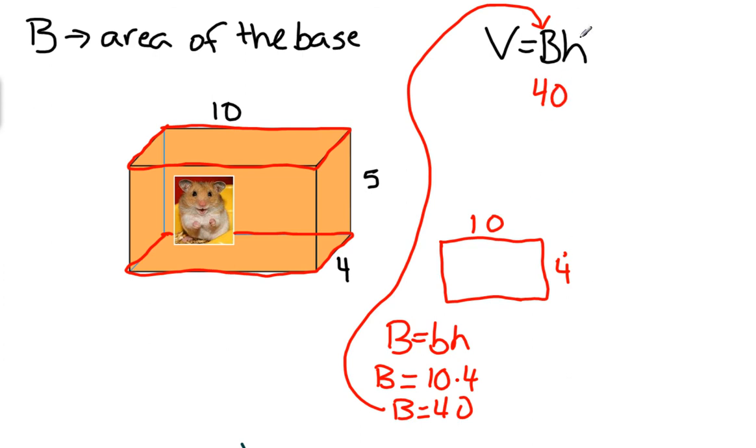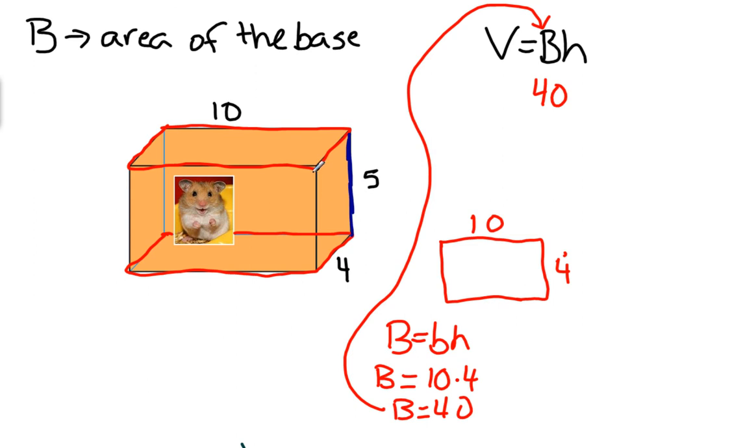The second part we need is this H here. This is a little bit confusing because we just had H down here and now we have H up here, but these stand for two different things. Our H down here was the height of just the base, just this one little rectangle. But when we talk about the volume's height, we're talking about the height of the entire shape. So this time we're talking about this height here.